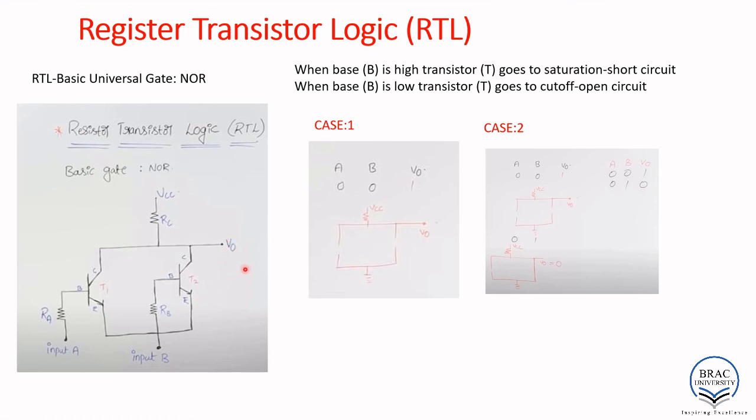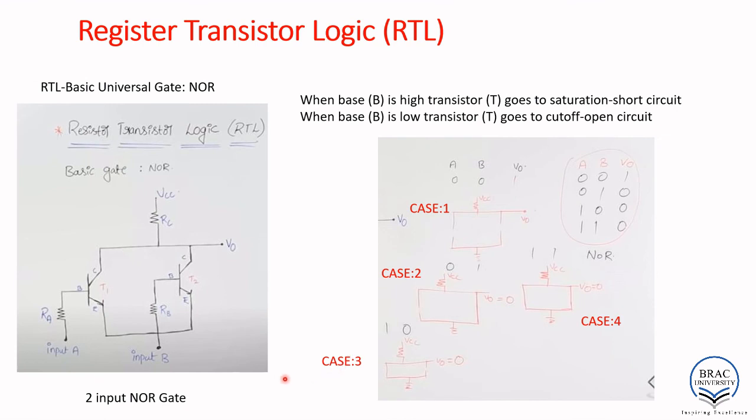So our V naught is shorted to the ground path, and we will get the output as 0. So for 0 1, we are getting 0.